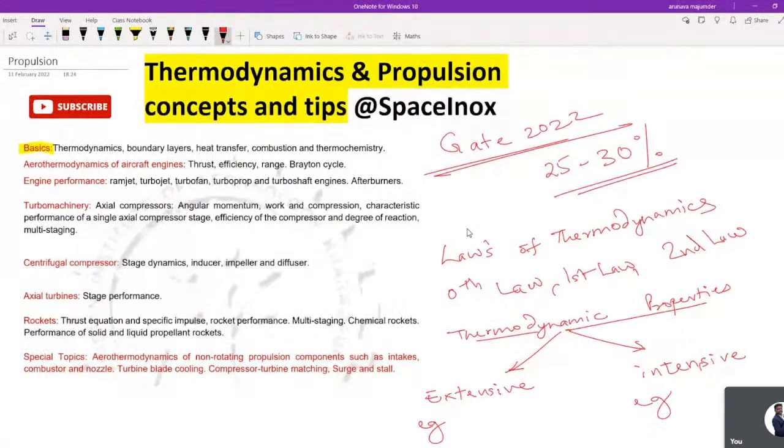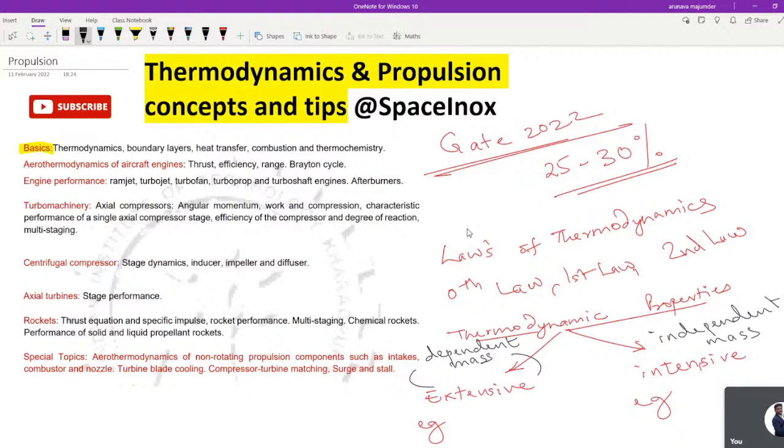Talking about how we can remember how these two properties are different from one another, they differ in the sense of mass. An extensive property is one that is dependent on mass, and an intensive property is independent of mass.